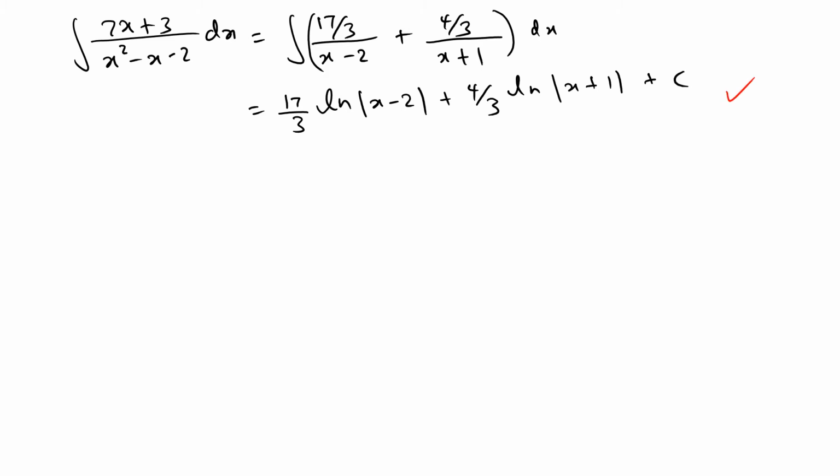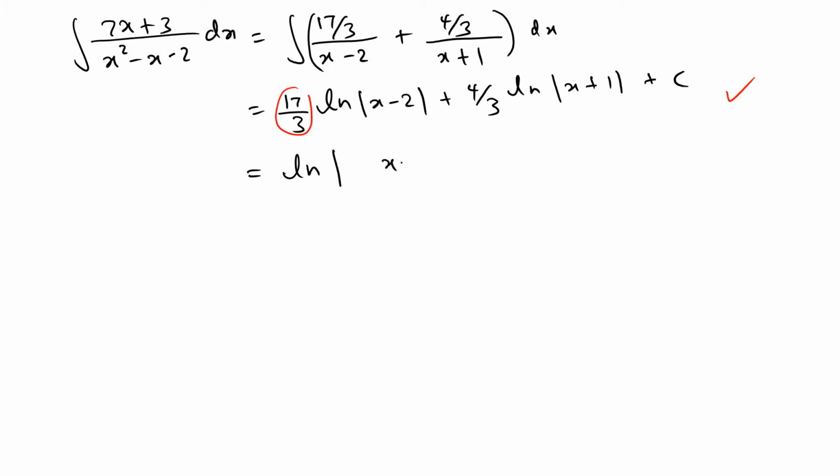You can also combine if you want. When you combine, you know that these go as powers. So what we can do, we can take the 17th power and the cube root, the 4th power and the cube root. If you do that, this plus becomes a multiplication. You can write it like that, but this is an extra step.